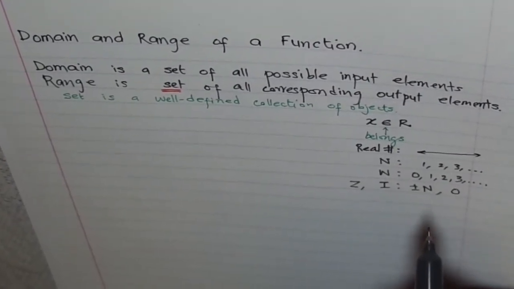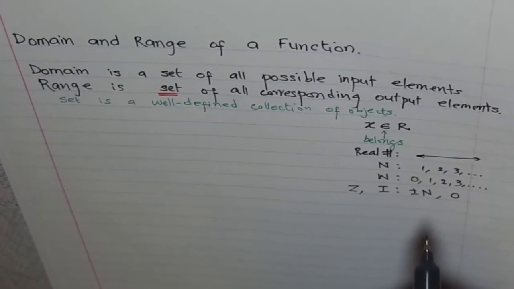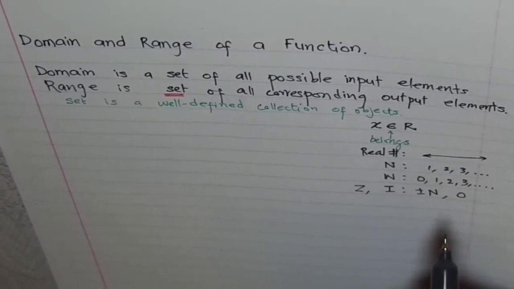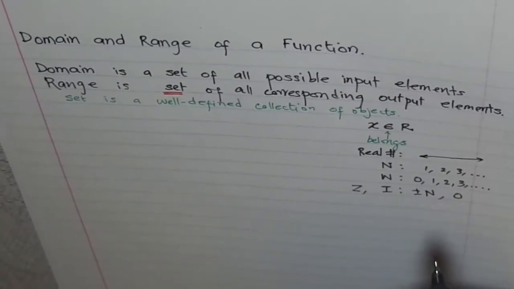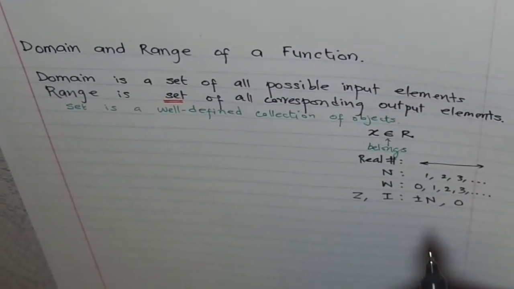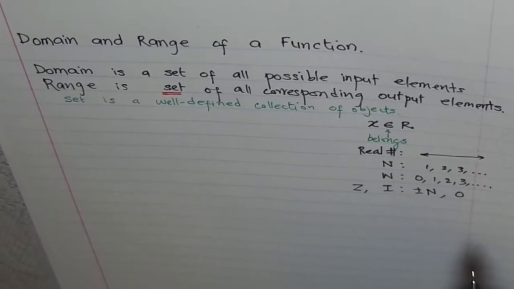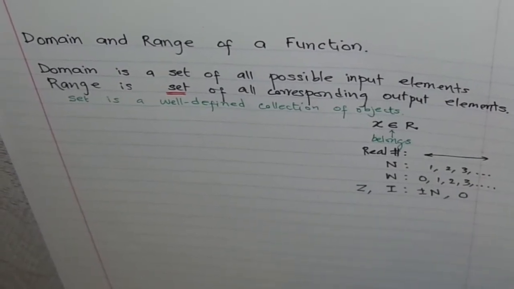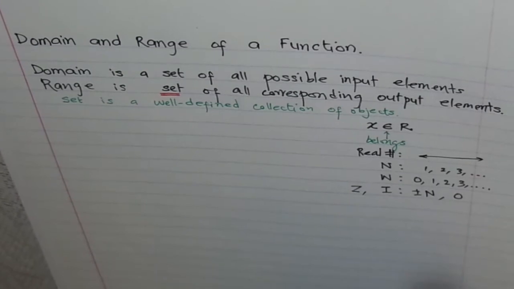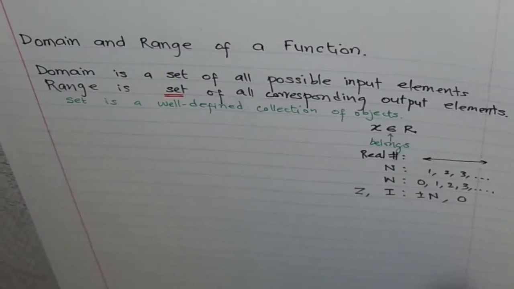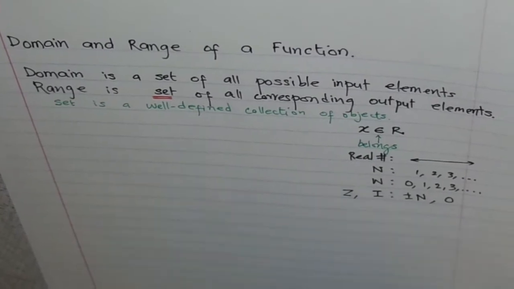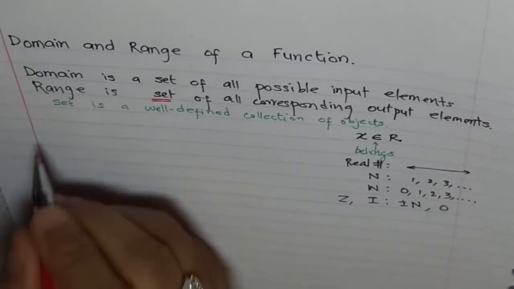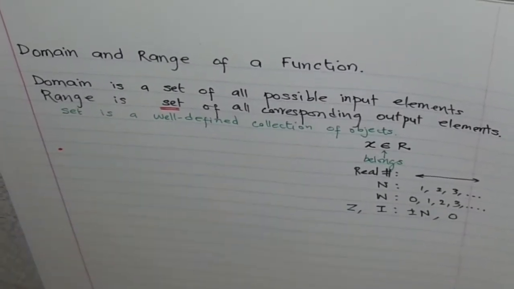Now, how to represent a domain? That is the next main question for us to answer, and then we'll get into detail how to write domain or range of a function. Domain can be written in many different forms. One of the most common forms is the list form. So let me just write down the ways in which we can write.